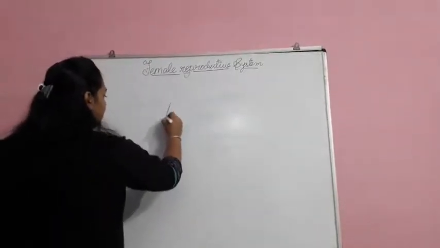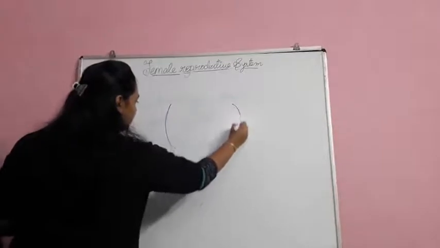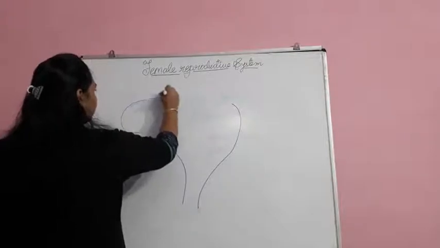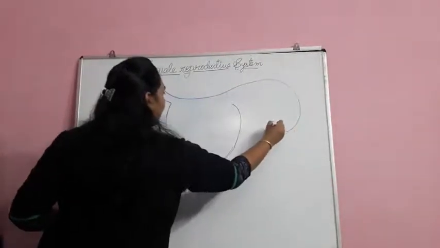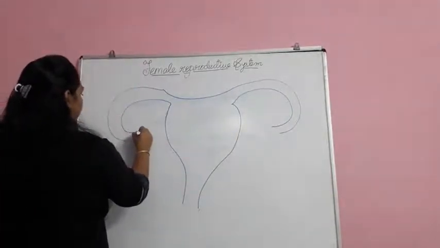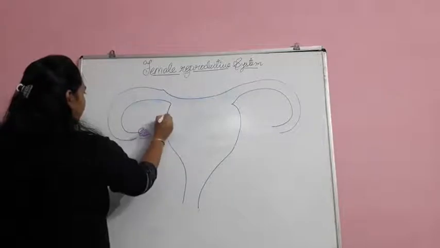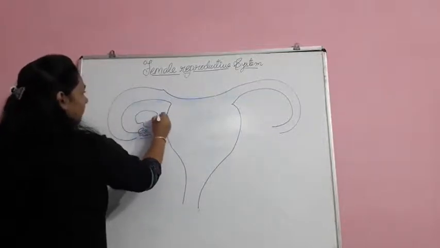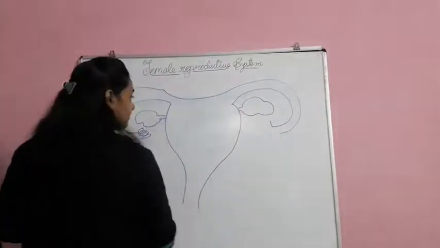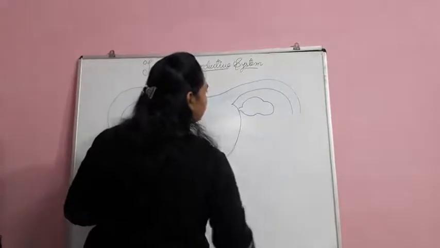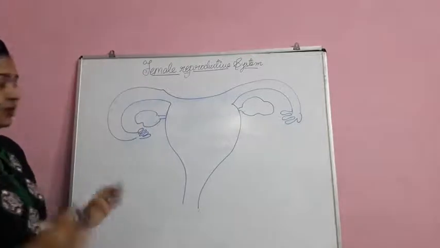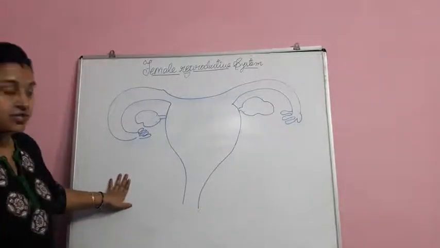As you can see, this is a typical structure of a human female reproductive system.